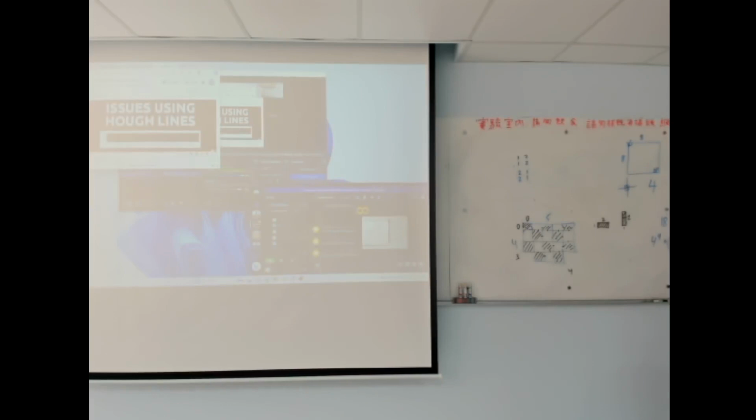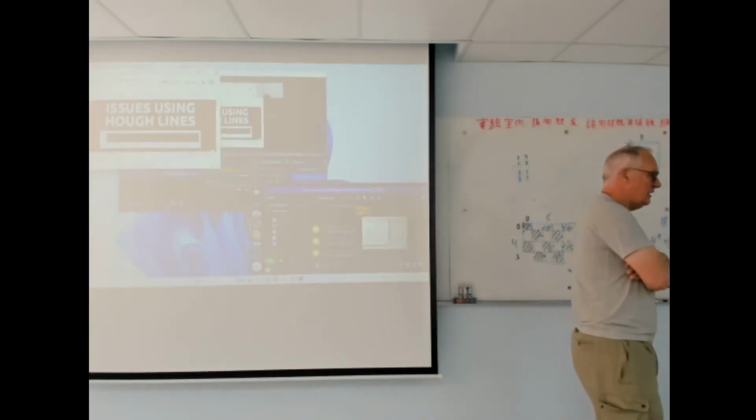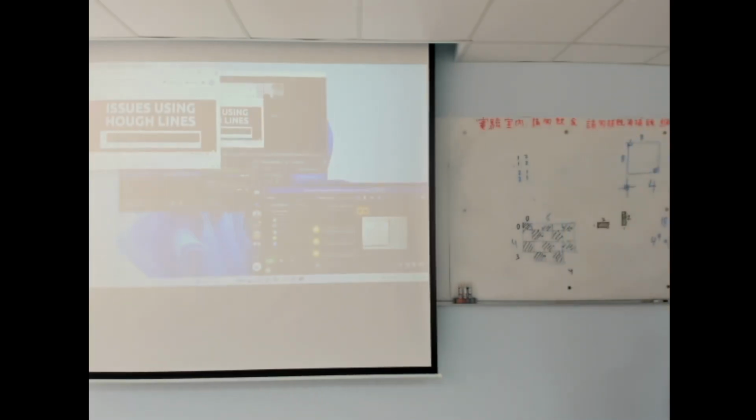So the Hough algorithm is going to return the line with the most number of votes, which, since each pixel can vote for lines, means it's the line with the most number of pixels in it. So that means it's the longest line in the image that could possibly exist, which is not the same as the longest line in the image that you will actually see.